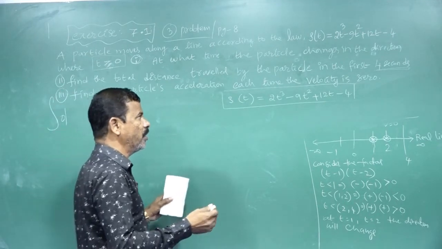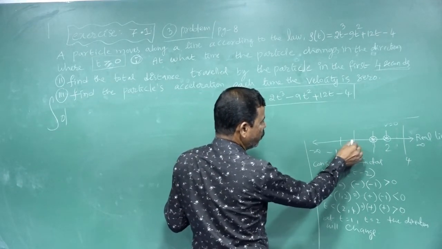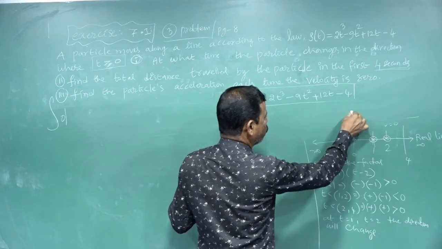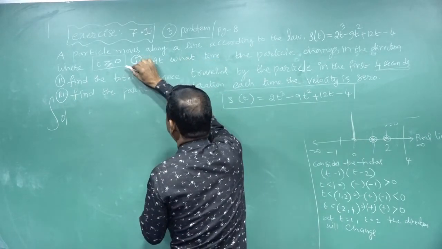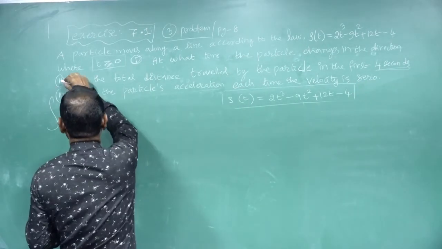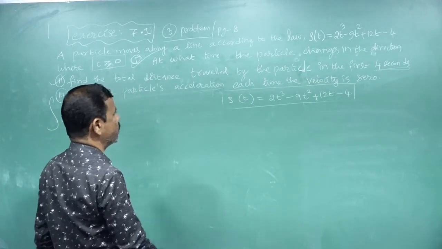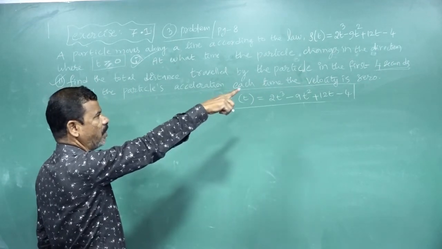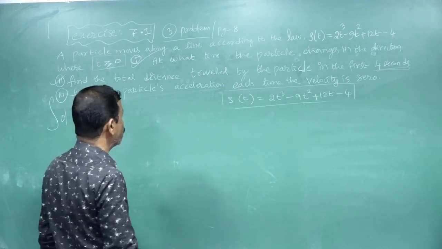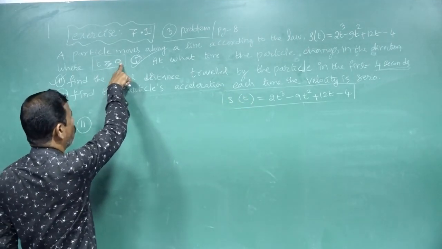First 4 seconds means 0 to 4, so the t value is 0 to 4. First 4 seconds means t is greater than or equal to 0.